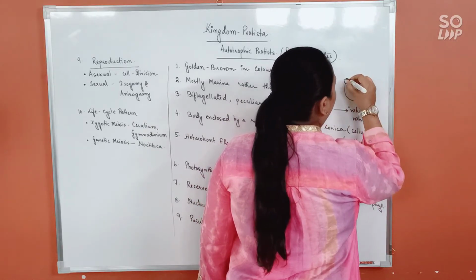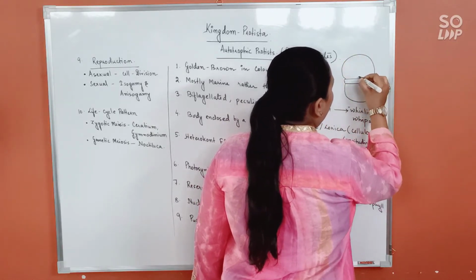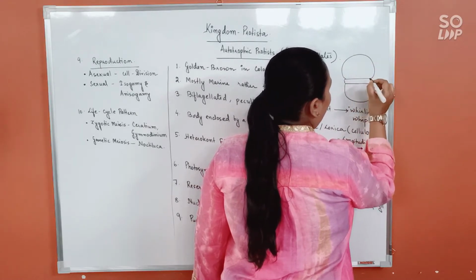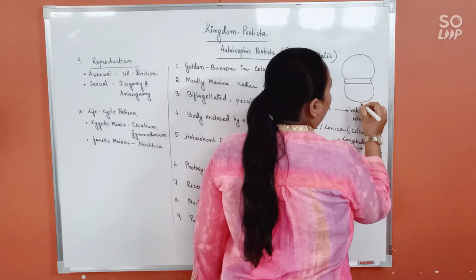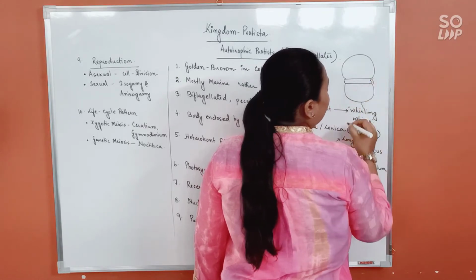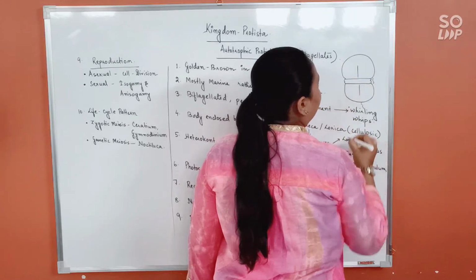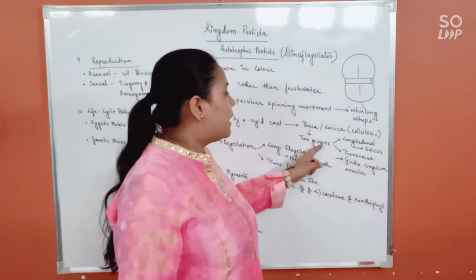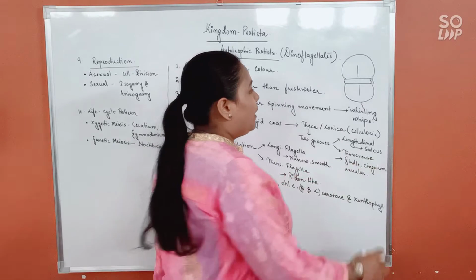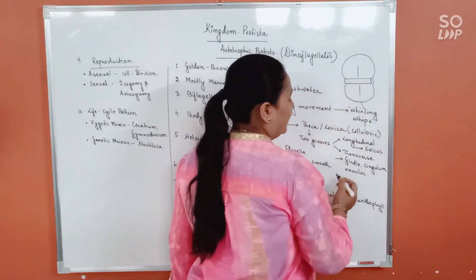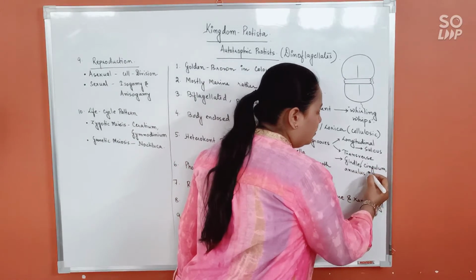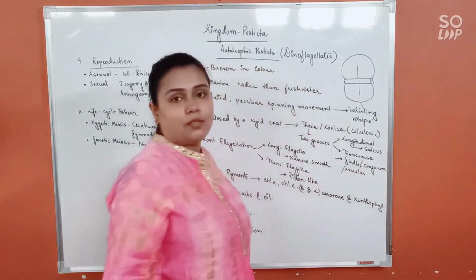We have two grooves on the body: one is transverse, another is longitudinal. The longitudinal groove is known as sulcus, whereas the transverse one is known as girdle, cingulum or annulus.